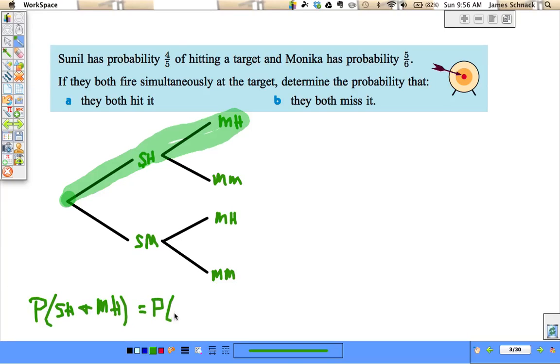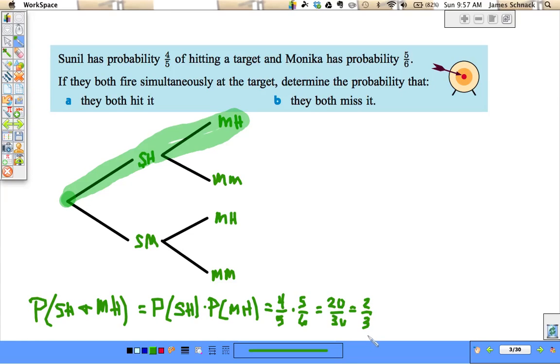That's just going to be probability that Sunil hits times probability that Monica hits. So 4/5 times 5/6. 20 out of 30, which reduces nicely to 2/3. And the answer to your question is yes, you do have to reduce this.